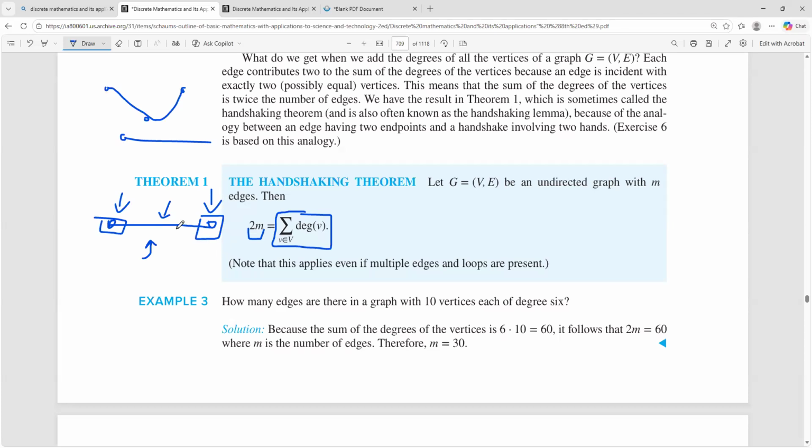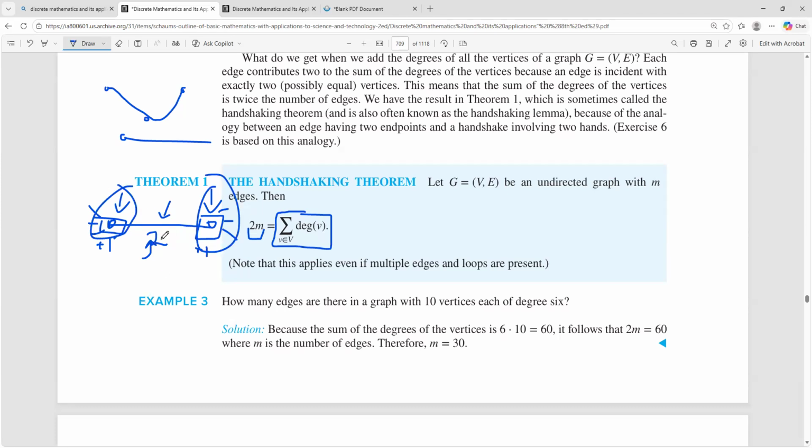This means this edge will count +1 to this vertex and +1 to this vertex. Both are the degrees. Even if there are other edges here, this edge will count to the total degrees. It counts 2 times because it's connected to two vertices.